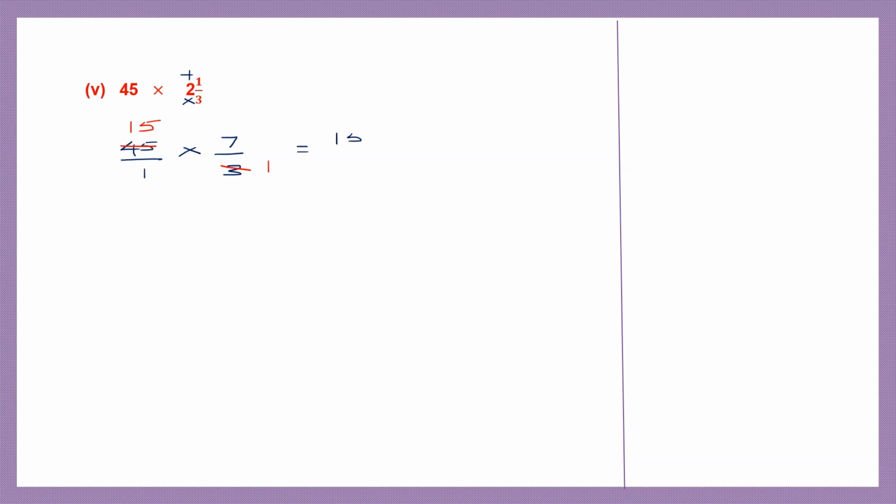So our numerator will be 15 into 7, and in our denominator we have 1 into 1. So let's multiply 15 into 7. 7 5's are 35, carry 3. 7 1's are 7, 8, 9, 10, 105. So here we have 105 by 1. This is equal to 105, which is our answer.